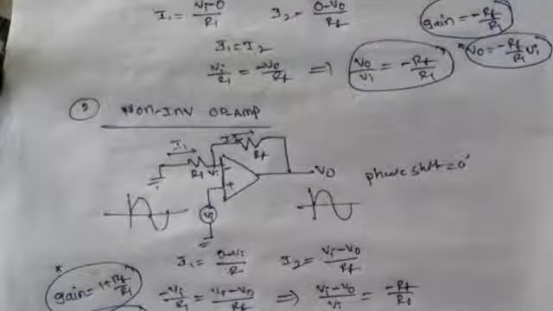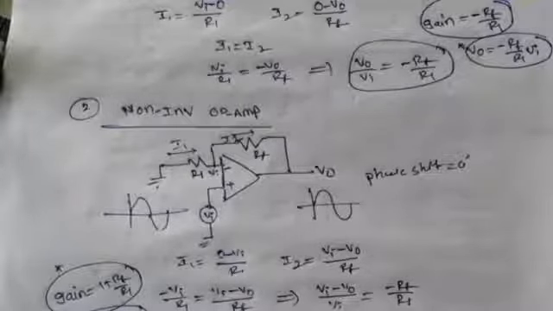These are the basic operational amplifier configurations in open loop mode and closed loop mode. In closed loop mode the range will be increased. In open loop mode it is limited to plus VCC to minus VCC only.